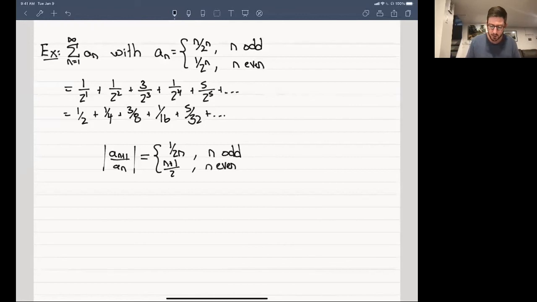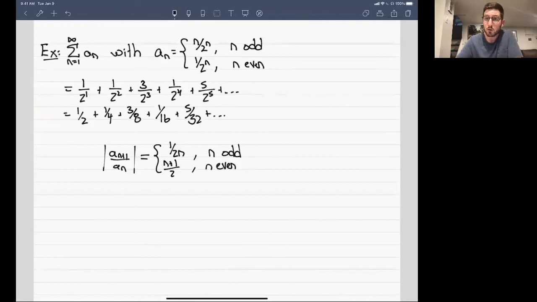And this is a problem, right? If you take n to infinity, what happens? Well, the sequence is different. When n is odd, the odd terms are converging to 0, whereas if n is even, those numbers are going to infinity. So you're sort of getting this splitting. So the ratio test will not tell you anything here.